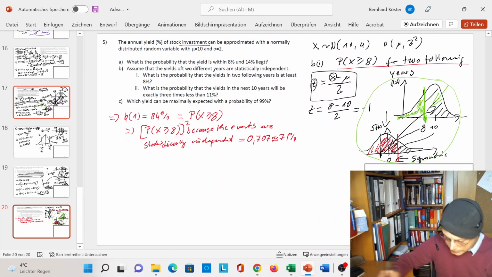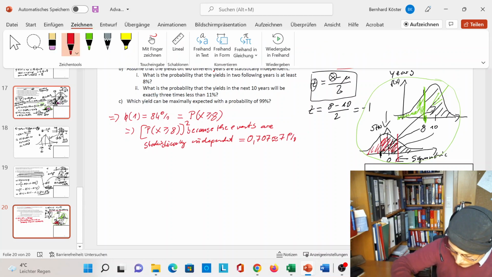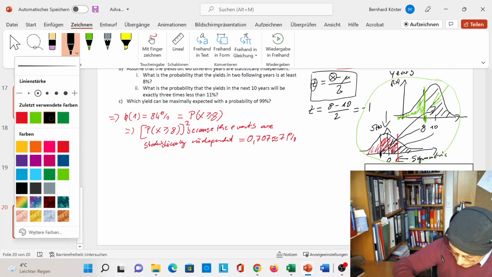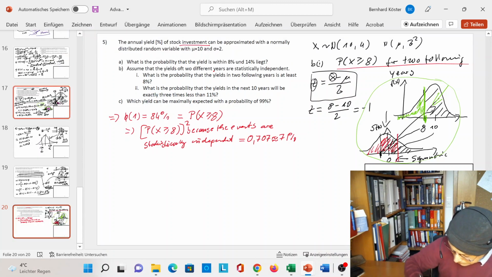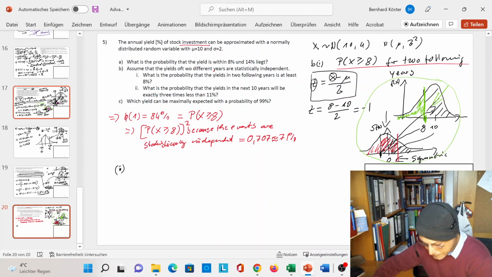So then the next one. 2. What is the probability that the yields in the next 10 years will be exactly 3 times less than 11%.